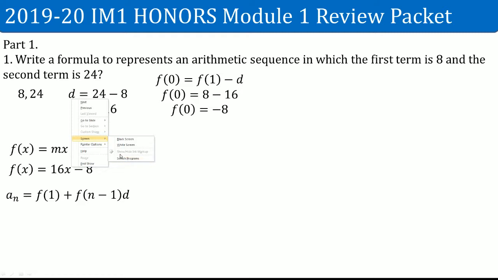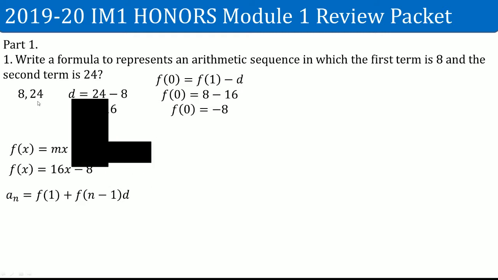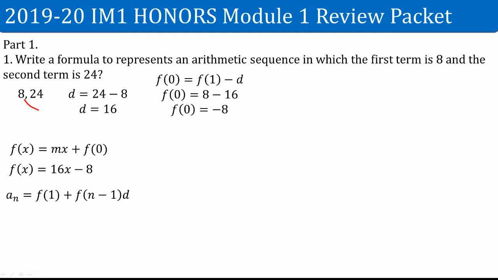Just to let you see, this was your f of 1. So you would get a of n is equal to 8, because that is your f of 1, plus (n minus 1) times your common difference, which is 16.